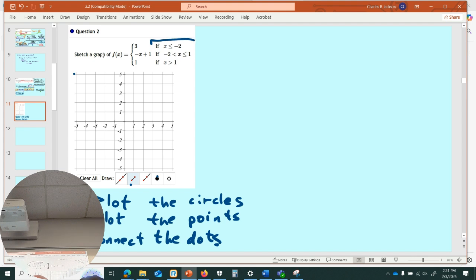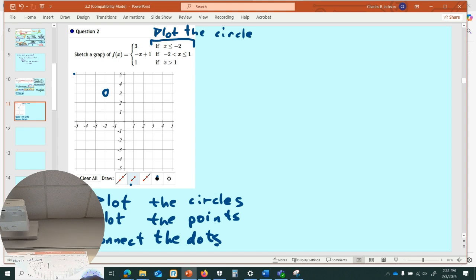So right here is what we're focusing on when we plot the circles. When x is -2, now we kind of ignore these inequality symbols. We just say, okay, -2, 3. Put a circle there. We'll worry about whether to fill in the circle later.